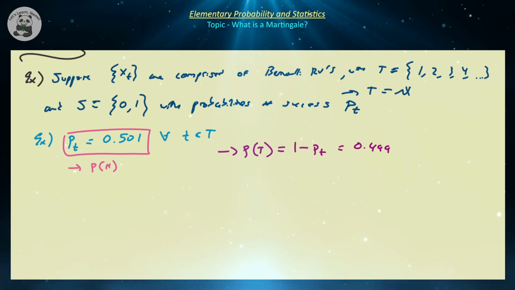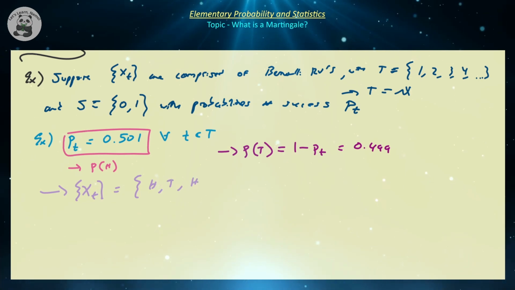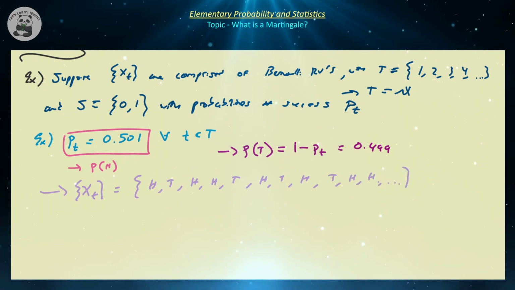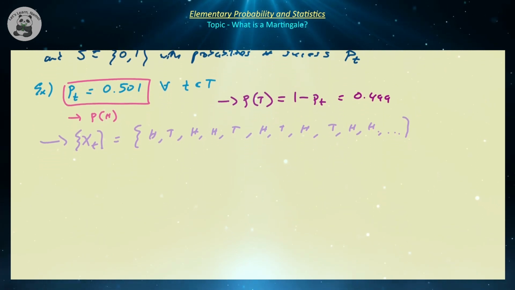So what exactly would our stochastic process X_t look like? It might look like H, T, H, H, T, H, T, H, T, H, H, and so on. Now again, this could be a finite set or a countably infinite set. It doesn't really matter as long as it's discrete.